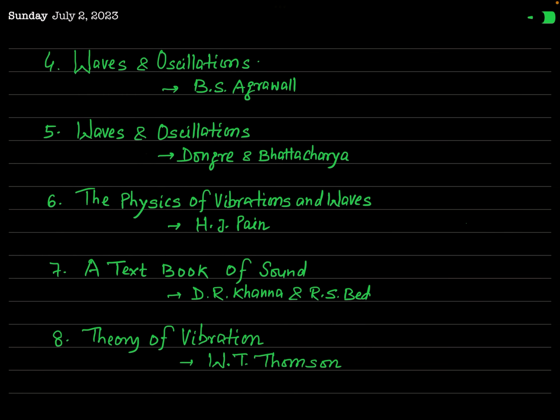Okay, this has been published by S. Chand. The fourth one is Waves and Oscillation by B.S. Agarwal. This is also a very good book. You may consult this, and I hope you will enjoy this book when you read it. Okay. The fifth one is Waves and Oscillation by Dongre and Bhattacharya. This is equally important and equally good book.